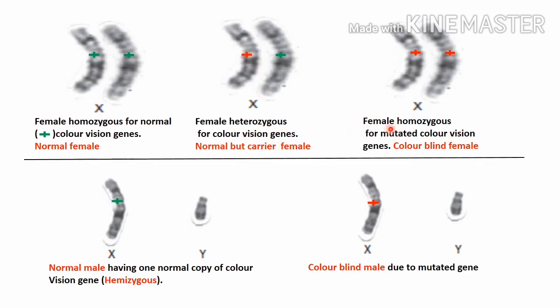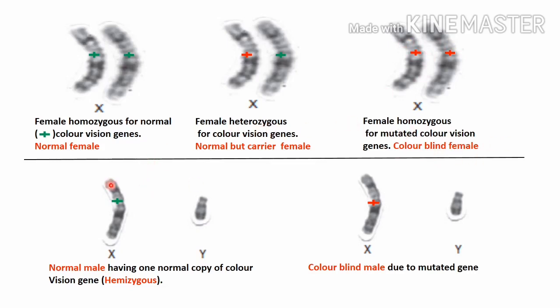And this is the third condition, when both X chromosomes have the mutated copy of the allele. Here the normal protein of this gene will not be produced, so there will be no sensation for color and the female will be color blind.